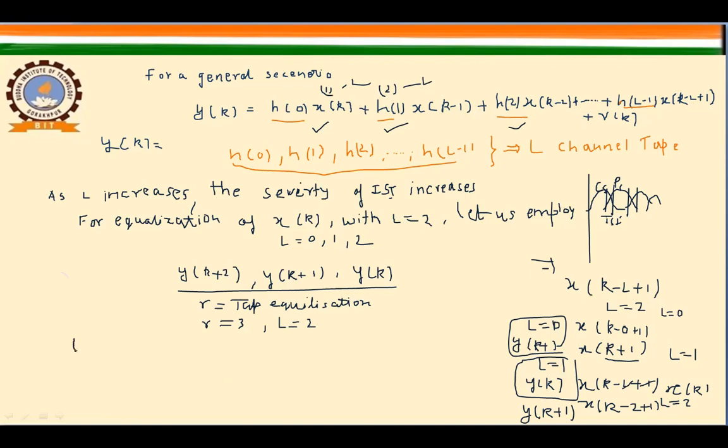So you have to write here with the help of y of k is equal to h naught x of k plus h of 1 x k minus 1 plus v is equal to noise at time k.